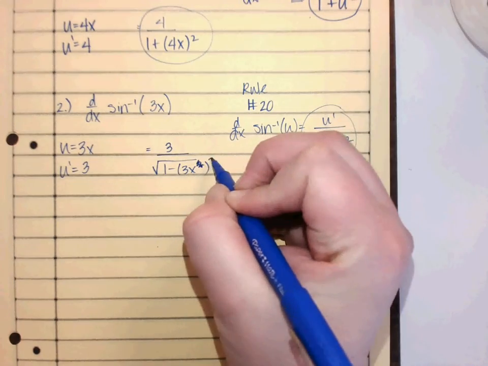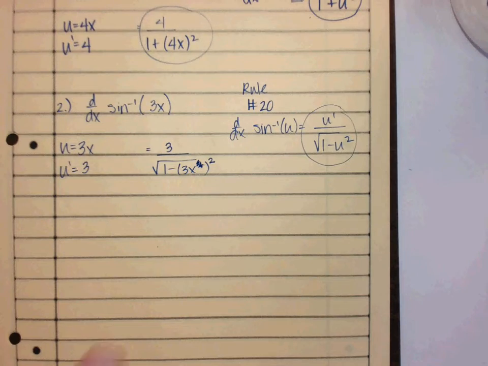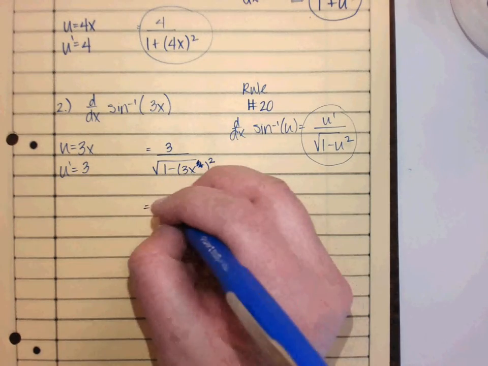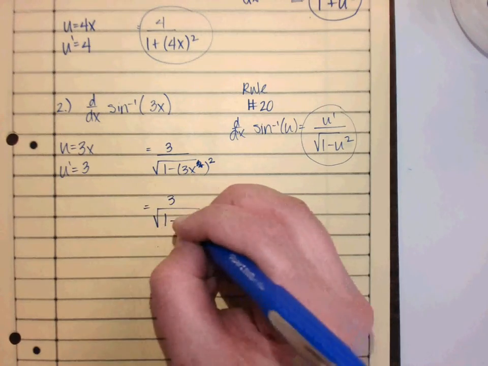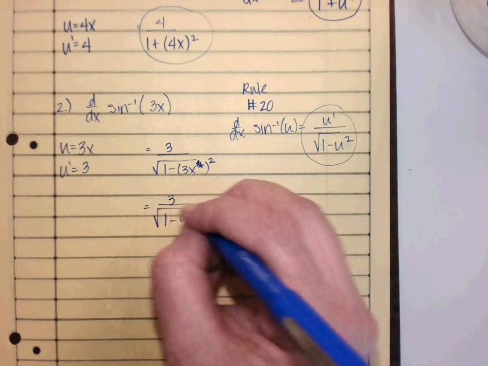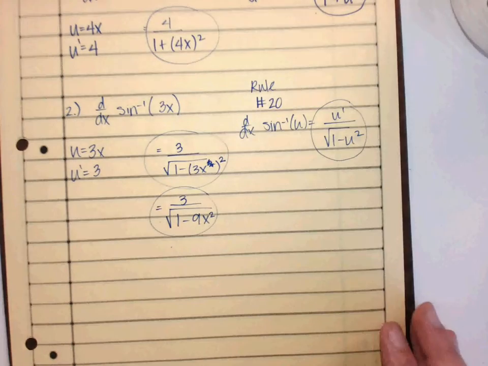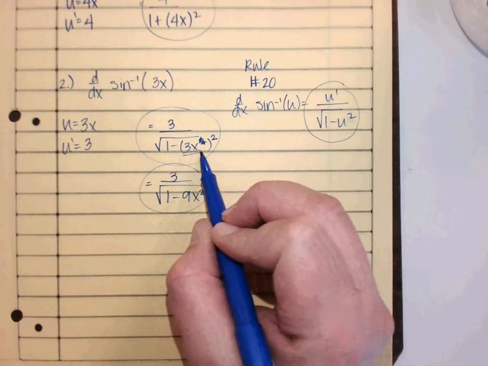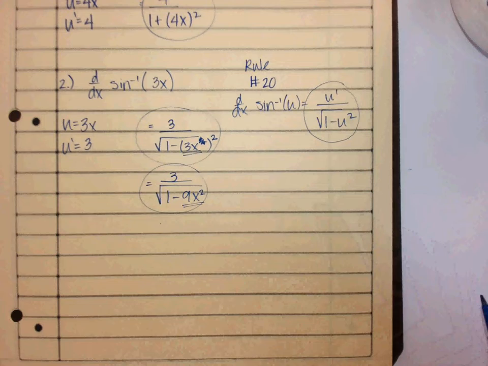Outside. Good. And now the difference is that if I write it like this on the AP test, usually they would write it like this: 1 minus 9x squared. Do you see how these are really the same? But you have to make sure if they put 3x squared like I did as an option, that's wrong. Because if I square 3x times 3x, you get 9x squared, because you're squaring both the 3 and the x.